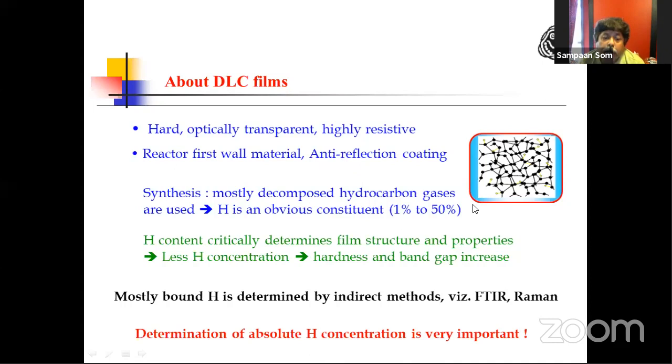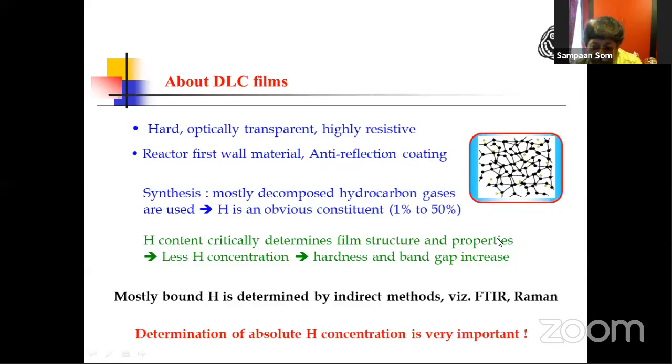But remember, hydrogen content critically determines the film structure and properties. The lesser the hydrogen concentration, the more hardness and band gap increase, and they become more and more diamond-like. Mostly, bound hydrogen is determined by indirect methods, FTIR or Raman, but as I told you, ERD is a very powerful tool which can address this directly and help us quantify hydrogen in an absolute manner.